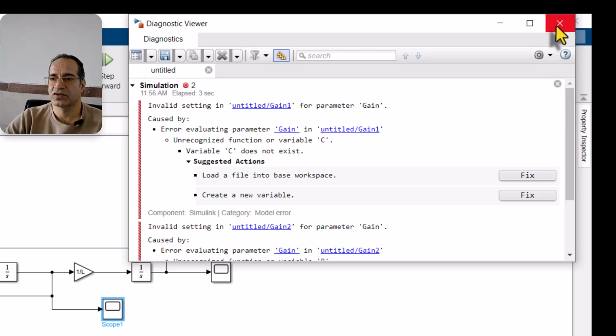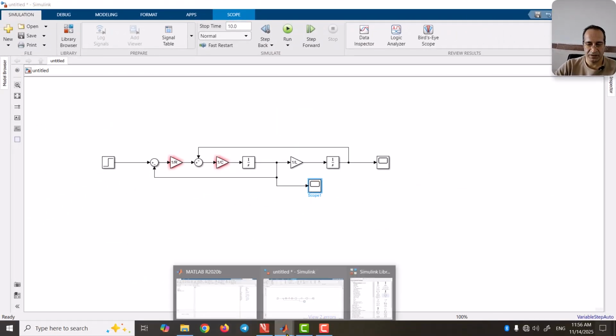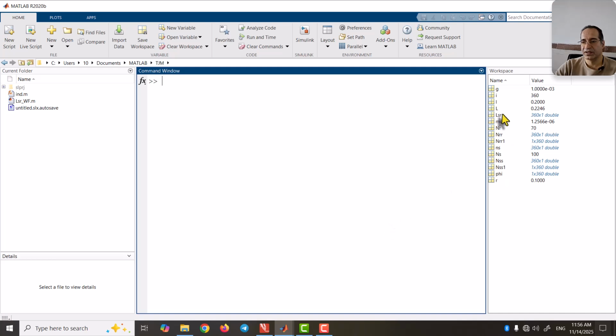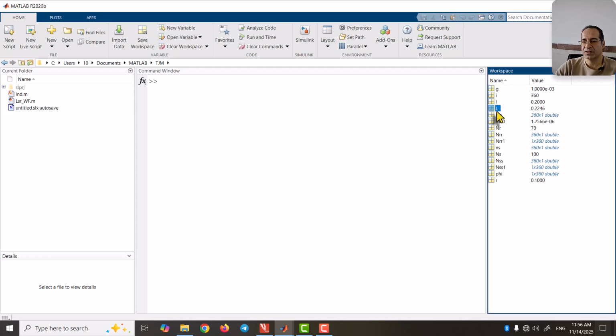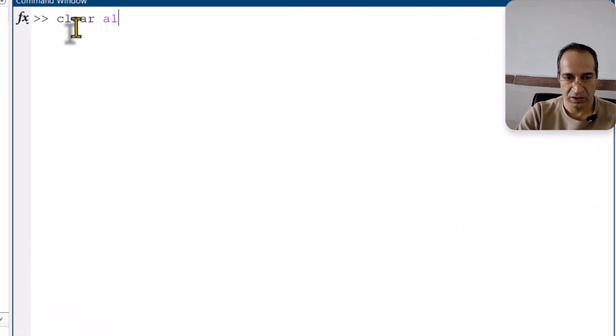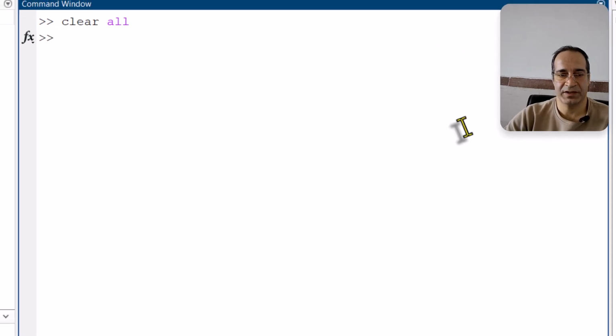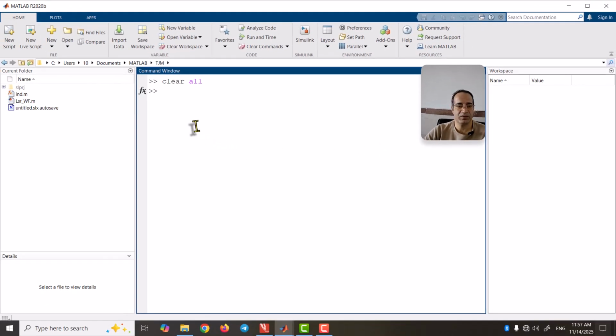Okay, let's check the errors and make them clear. As you see in my workspace, L is defined appropriately. So I clear all of them. You see no variable is in the workspace now.